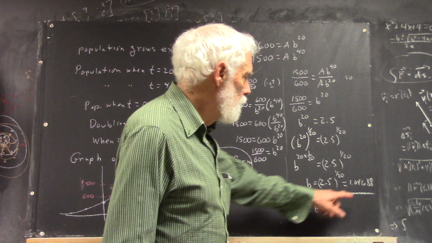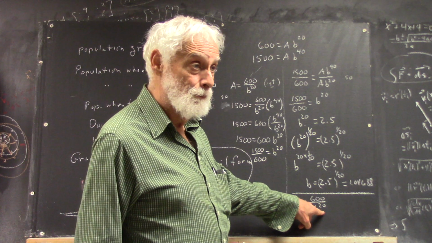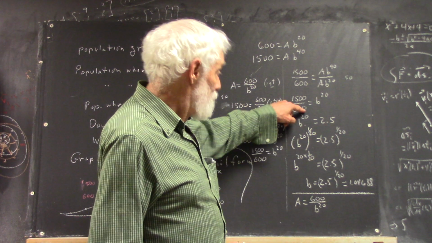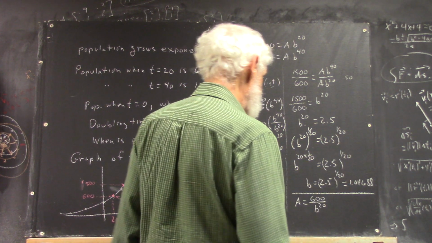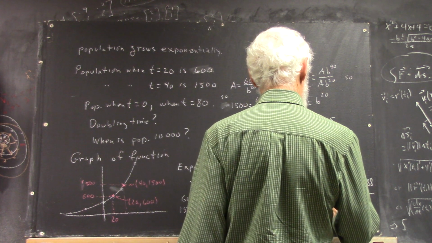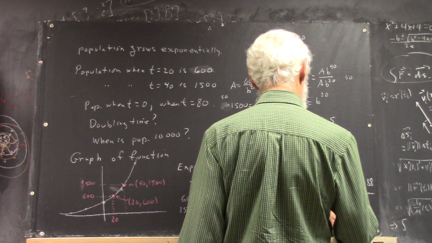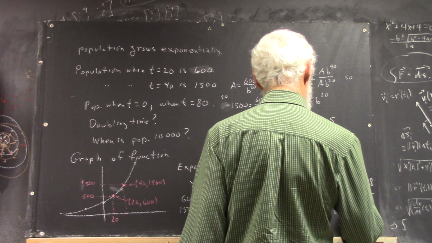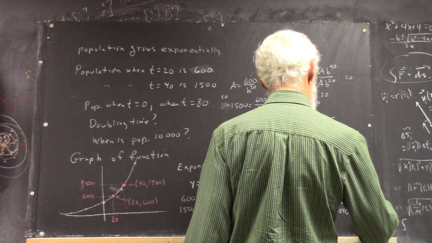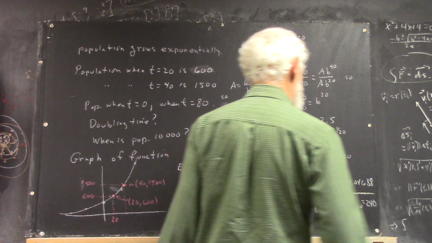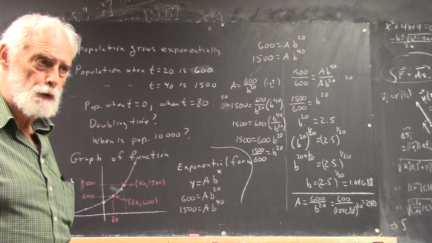Usually we'd have to take this number and raise it to the 20th power, right? But coincidentally, we know what b to the 20th is. It's 2.5. So I'm going to do it the way it would generally be done, 1.04688 to the 20th. And that's going to come out to the nearest whole number as 240.